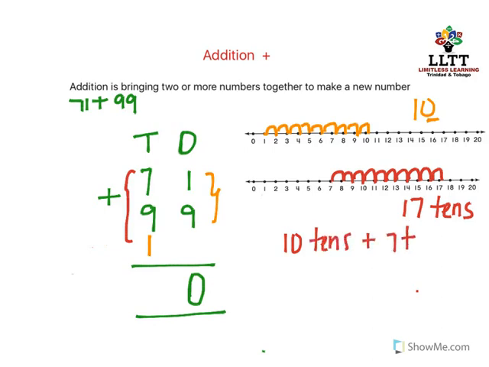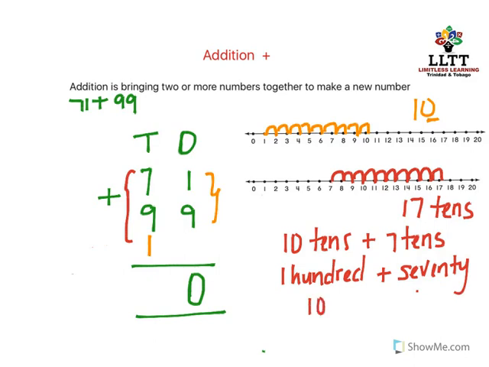plus 7 tens. And remember, 10 tens are the same thing as 100, and 7 tens is the same thing as 70. So we can rewrite this as 100 plus 70. So this is 170. So 1 hundred, 7 tens, and 0 ones.